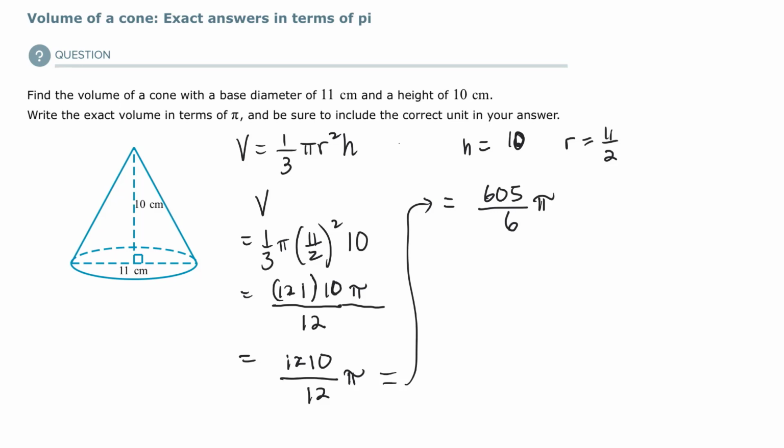I'm pretty sure that's reduced. Yeah, 2 doesn't go in there. 3 doesn't go into 605. How do I know that? 6 plus 0 plus 5 is equal to 11, and 11 is not divisible by 3, so I know 3 doesn't go into 605. So I know this answer is reduced. Now all you got to remember is put your units. Unit of measurement is very, very important for all STEM majors. Make sure you label things with the appropriate units.